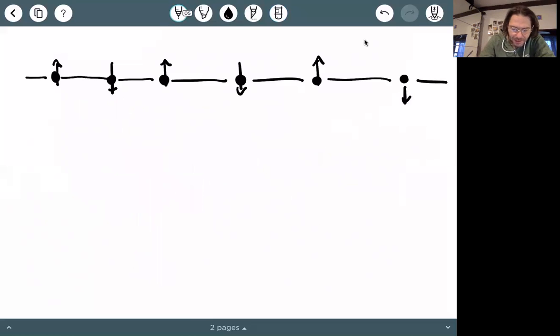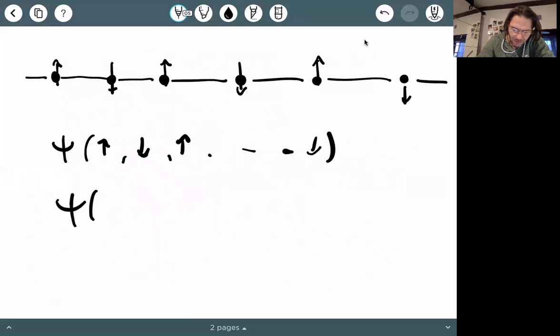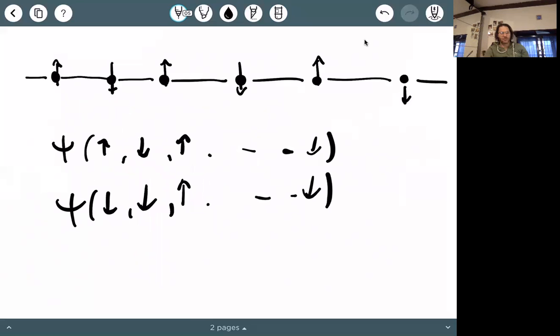Well, clearly, for each combination, say I'm going to just draw two combinations in which I only flip the first, for simplicity. You see, all I did was to flip this, just to make this wave function associated with a slightly different quantum state. Well, for each of these combinations, I need to specify one number.